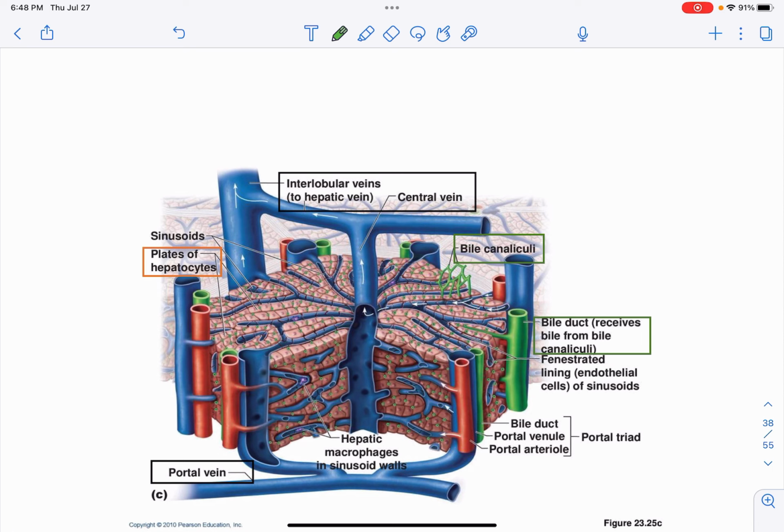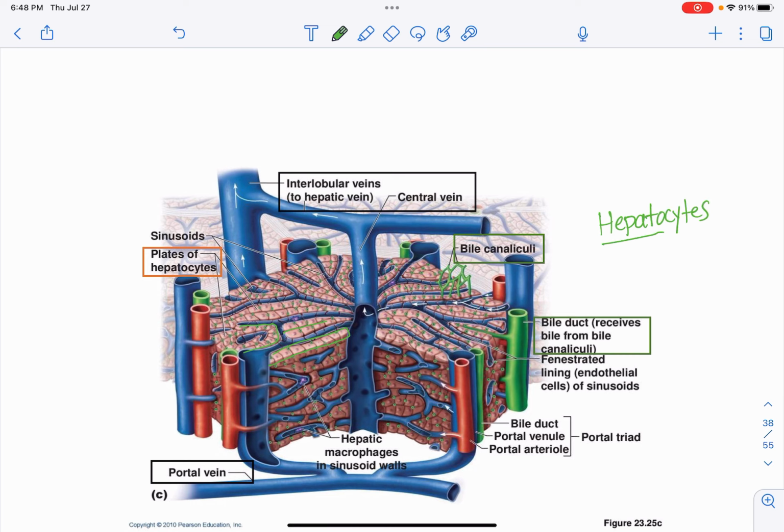Within the liver lobule, this is a close-up of the liver lobule, you will find lots and lots of these cells right here, and they're lined up in plates. These are hepatocytes. These are the cells of the liver.